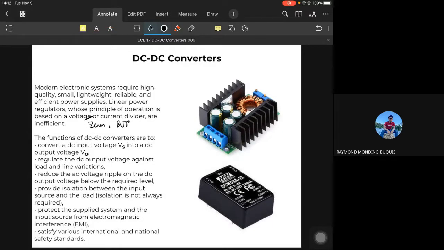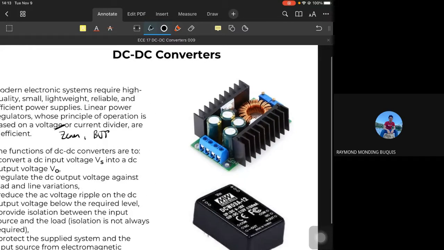Why? Because the voltage that is lost, the voltage that they divide, is converted into heat, dissipated into heat.